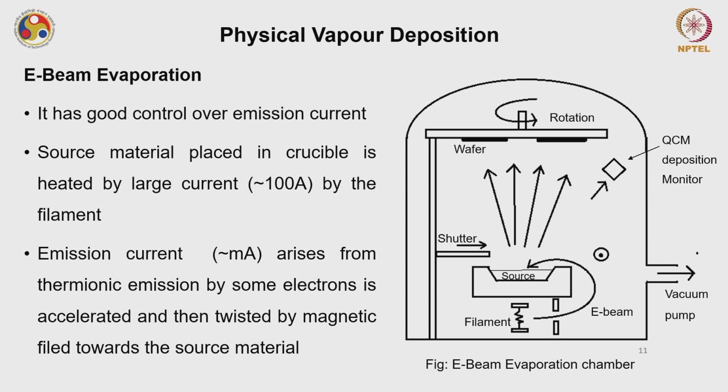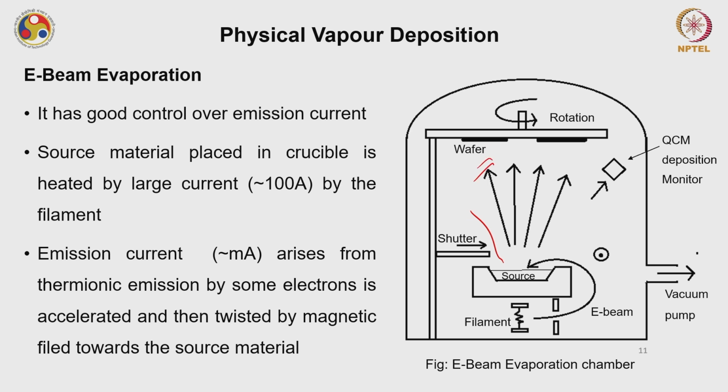The emission current arises from thermionic emission, where electrons are accelerated, and then this electron beam is bent by a magnetic field towards the source material. When it reaches the source material, it heats it, and the metal element gets ejected from its surface and deposited on the wafer.